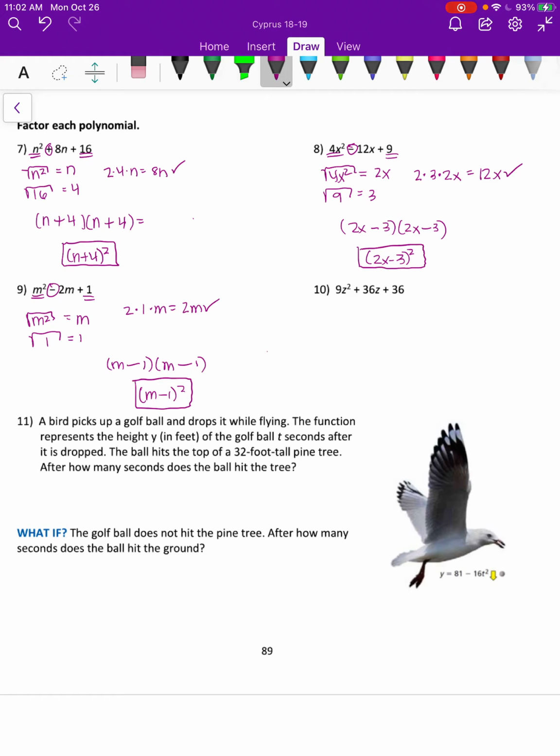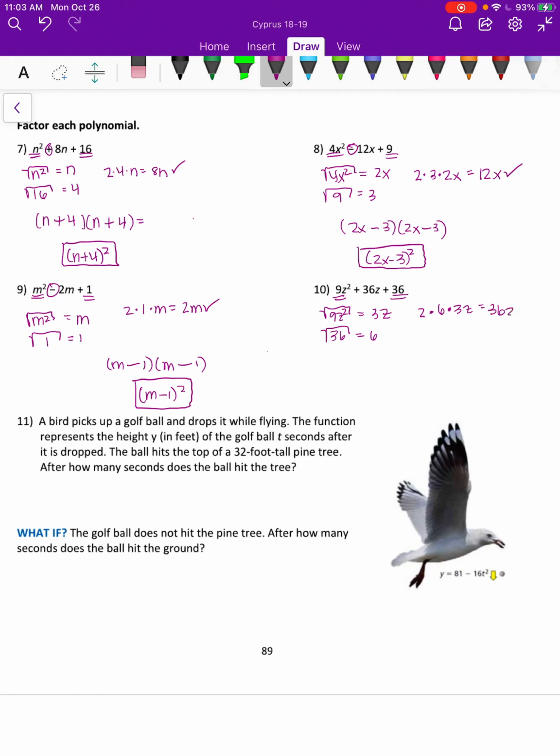And now number 10, almost done. We have a trinomial. We have a perfect square in the front and the back. Let's take the square root of both to check the middle. 9z squared, the square root is 3z. Square root of 36 is 6. So I want to say 2 times 6 times 3z. I should get 36z. And I do.